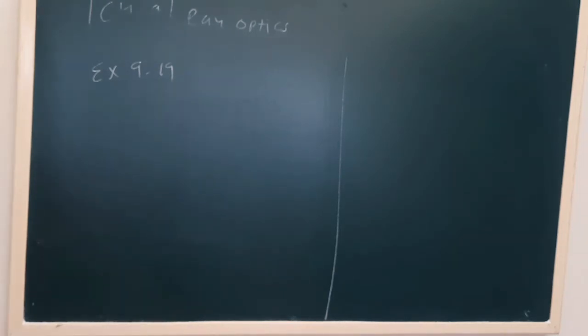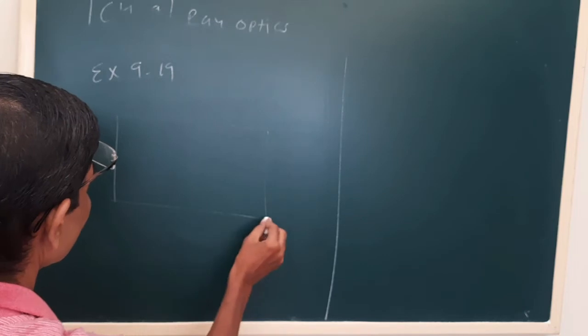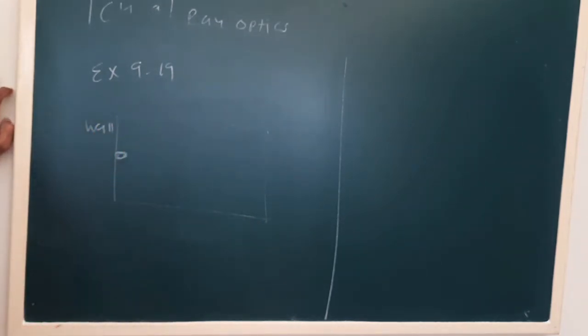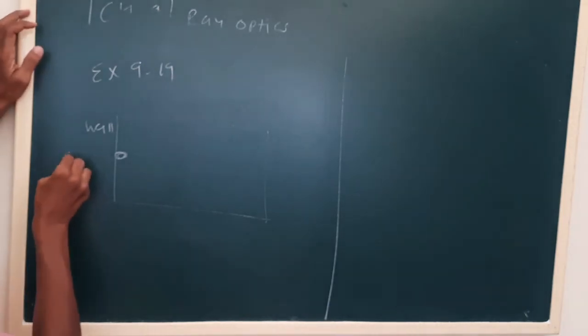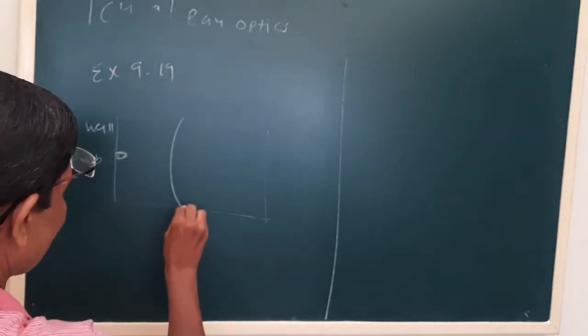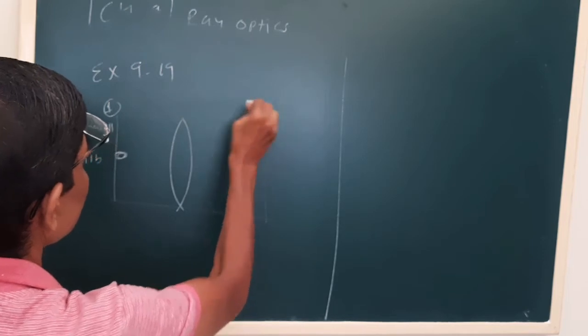Now see the next question. Let us say a room is there. On one wall, a bulb is there. Let us say a lens is kept between one wall and the second wall.